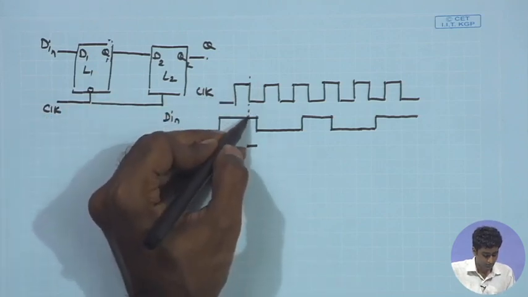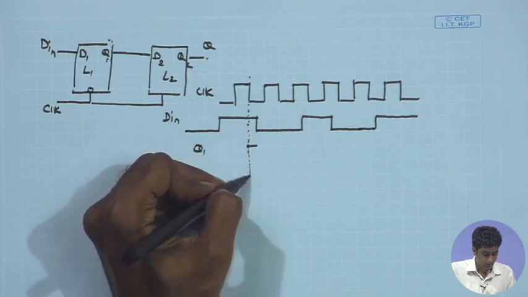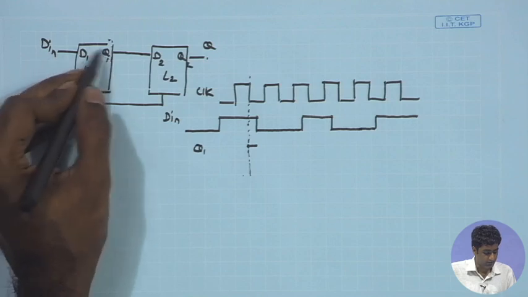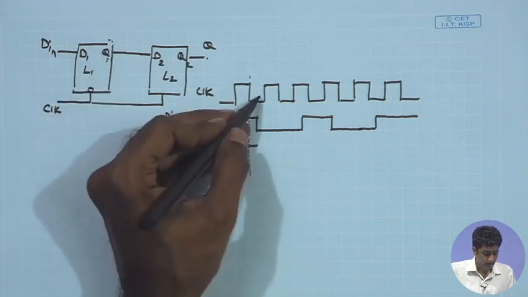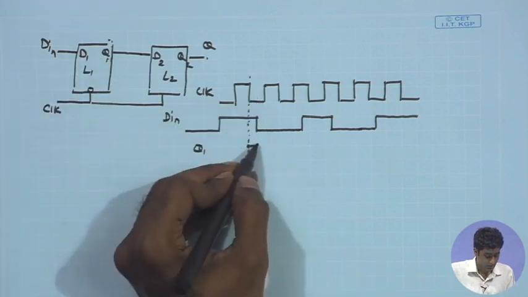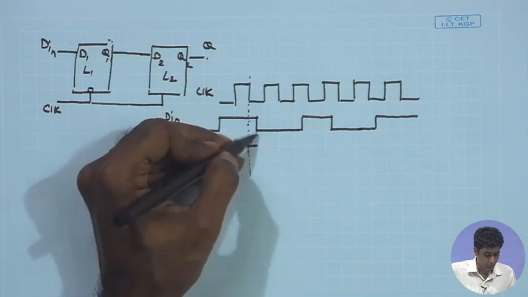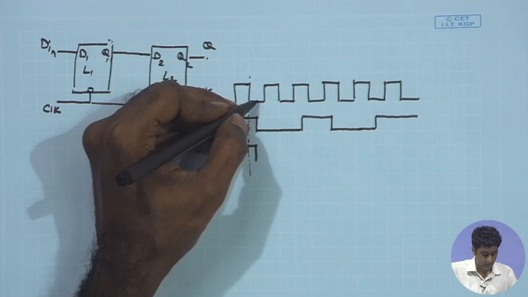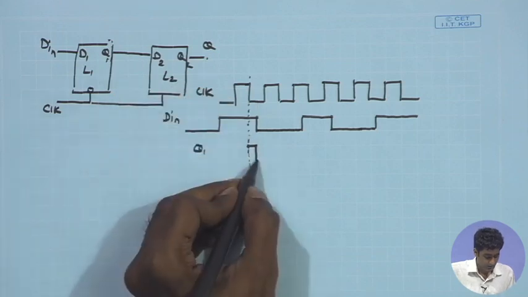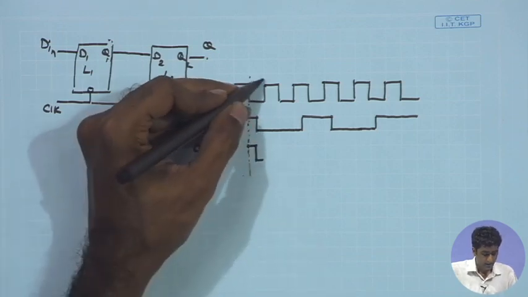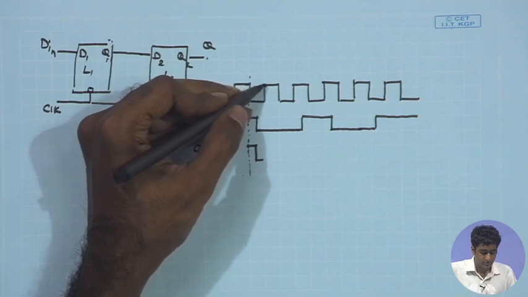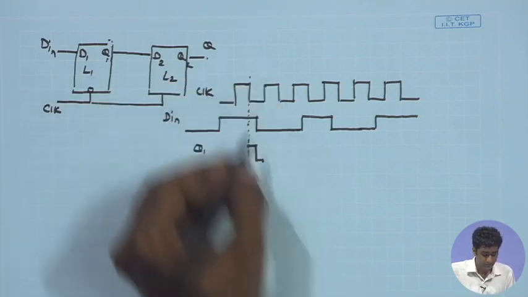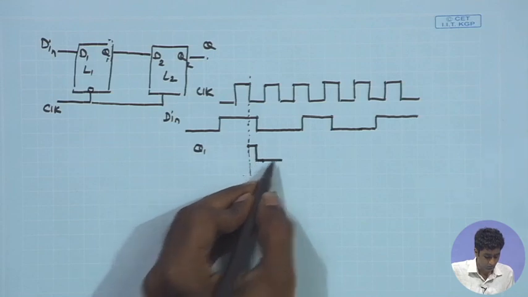During this low phase of the clock, the high value of D in will be transferred to Q1, and as soon as the data goes low during this phase, the Q1 also goes low. Before the positive going edge of the clock, the data is remaining low, and therefore, during this entire positive phase of the clock, the Q1 will be remaining low.